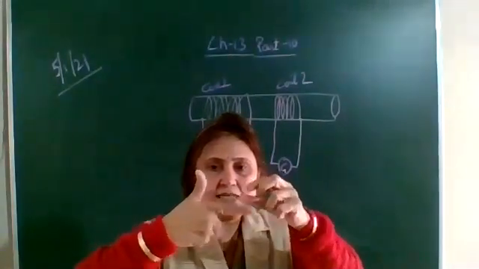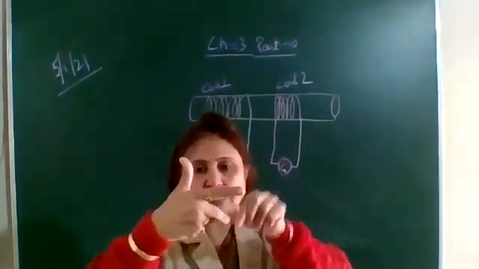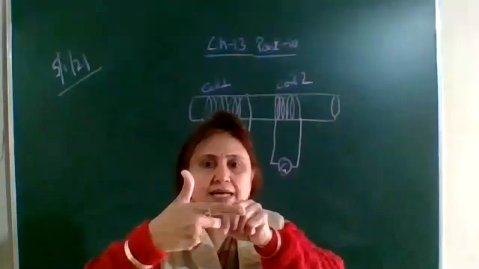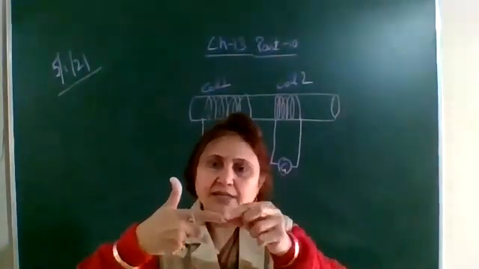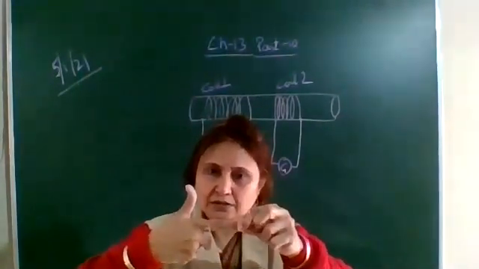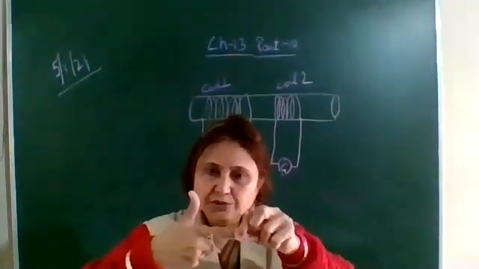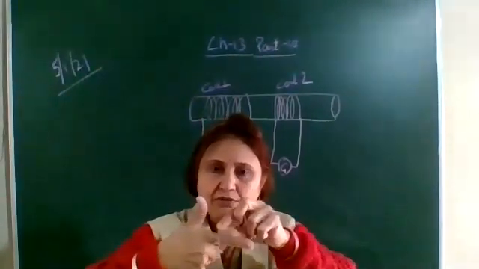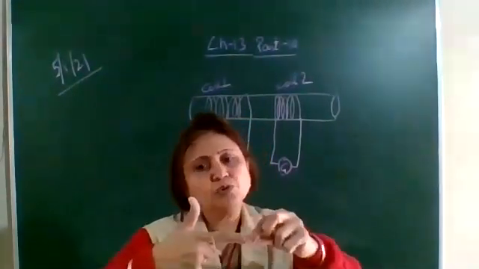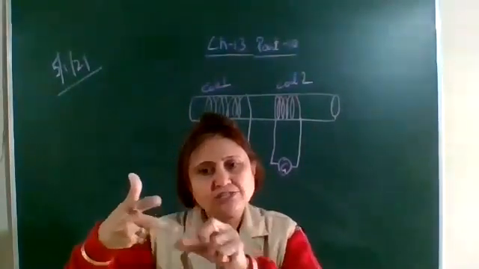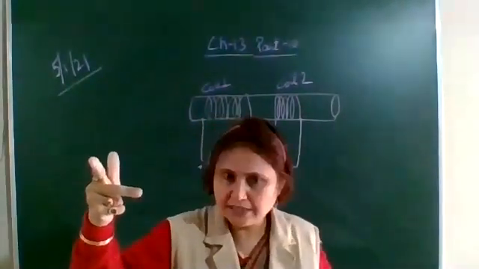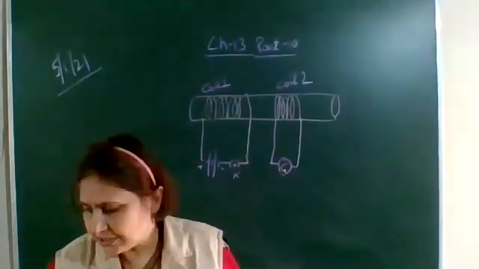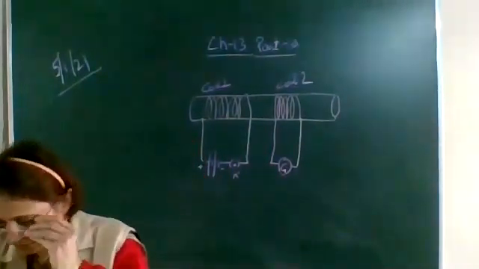Given the magnetic field and the force on the conductor, this will be the direction of the current. So the induced current will be produced when a conductor is moved in a magnetic field, and the direction of the induced current will be given by the center finger. So this is Fleming's right hand rule.